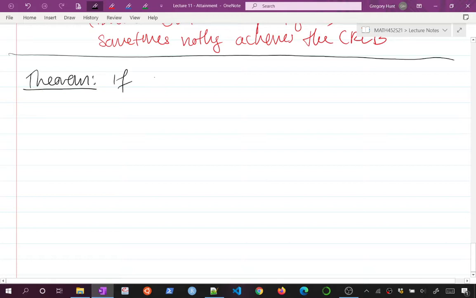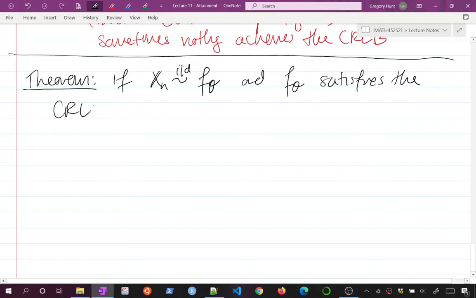In my favorite setup, I have my data coming from some distribution with an unknown parameter, and f theta satisfies the Cramer-Rao lower bound theorem conditions, which basically means it's regular enough for everything to work out nicely.